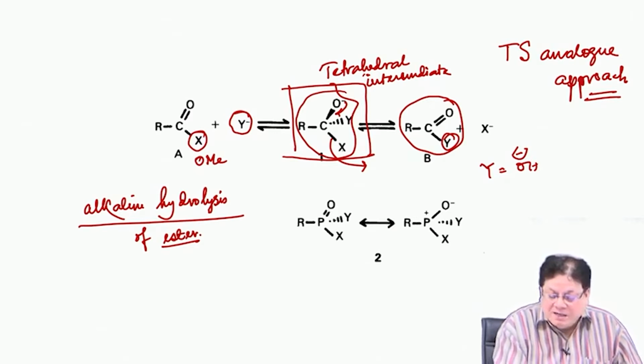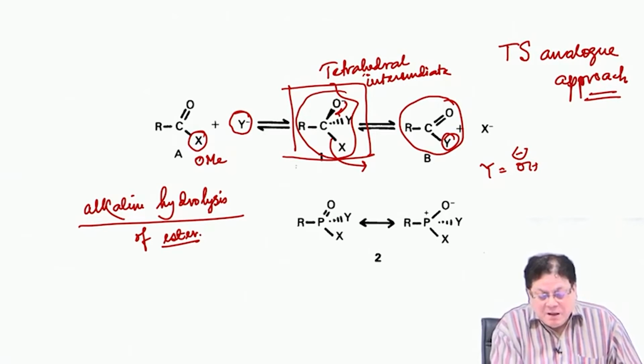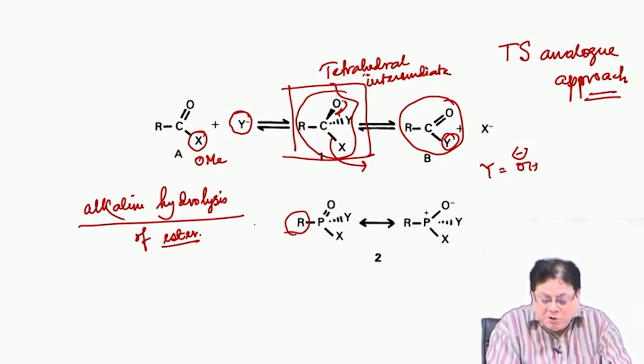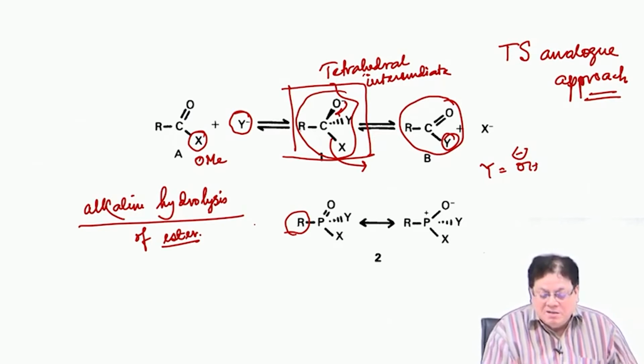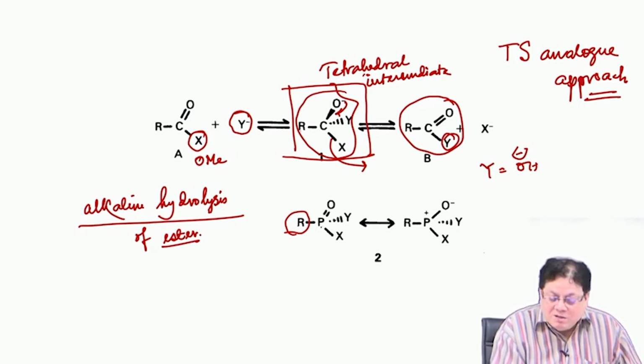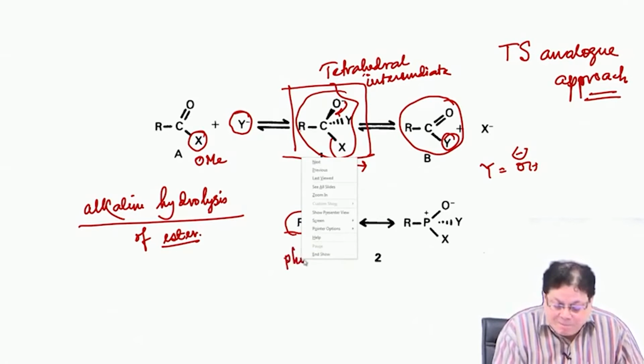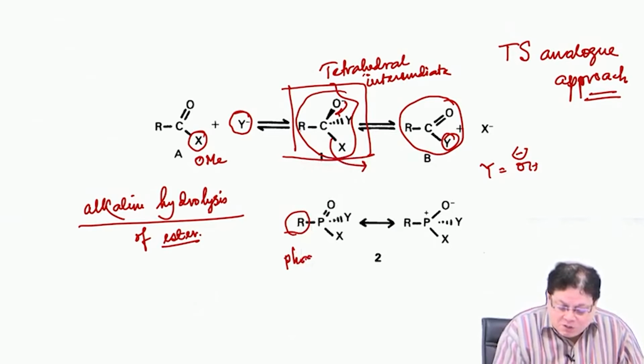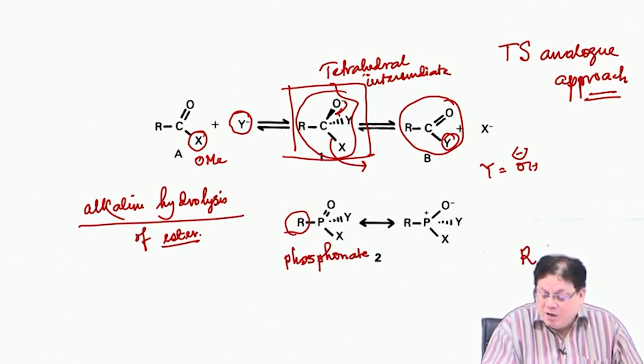Okay. And basically that is it. So, what you need is your R group. I said do not disturb the R group, because depending on the R group, your binding parameters are decided. What you do is take what is called a phosphonate.